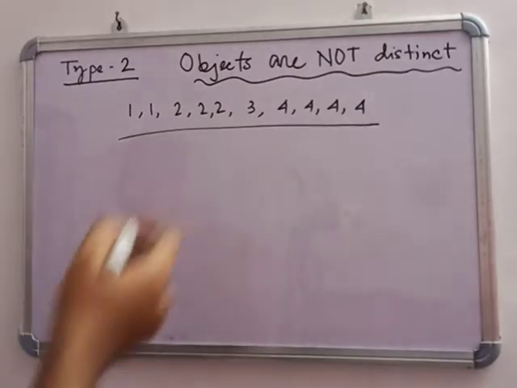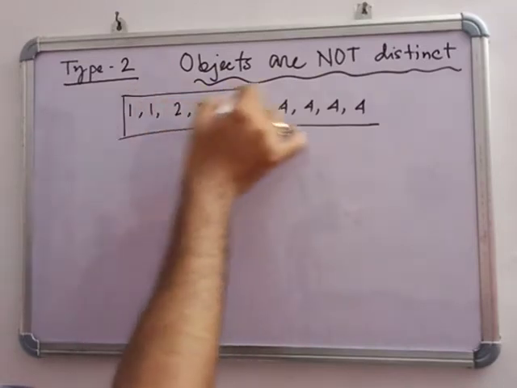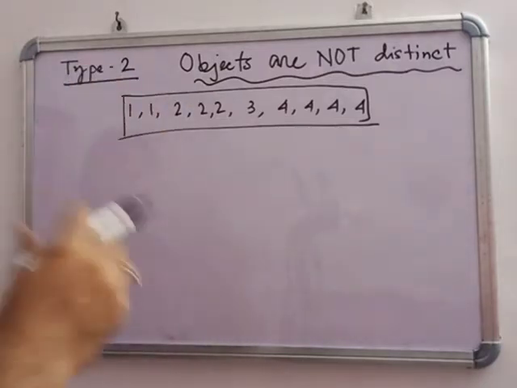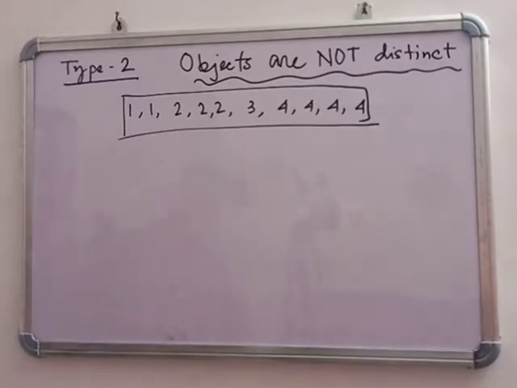These types of numbers or words are given in your hand, and you have to make the numbers and the words. For this part, these are not distinct, they are not individual. One term is there, many terms can be there. So how will that be?